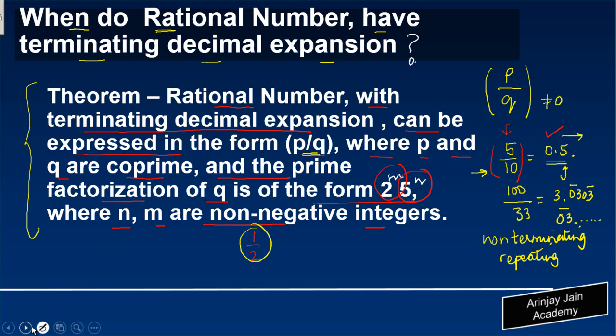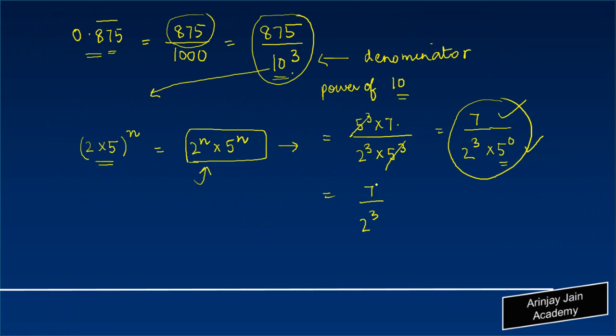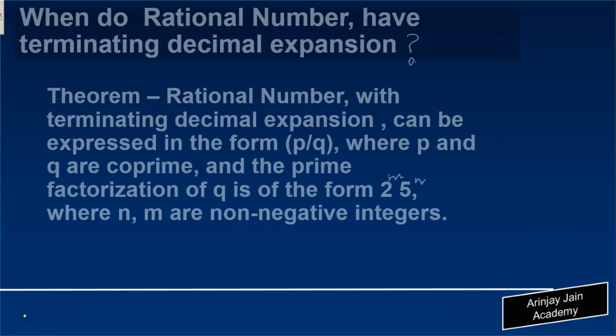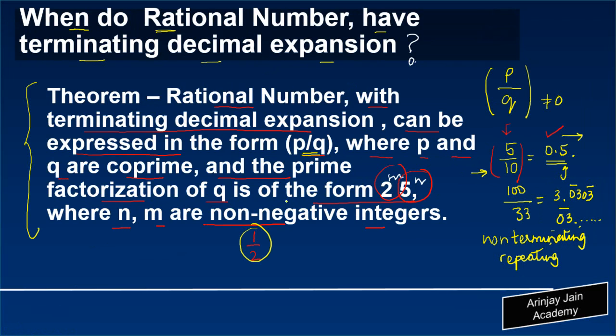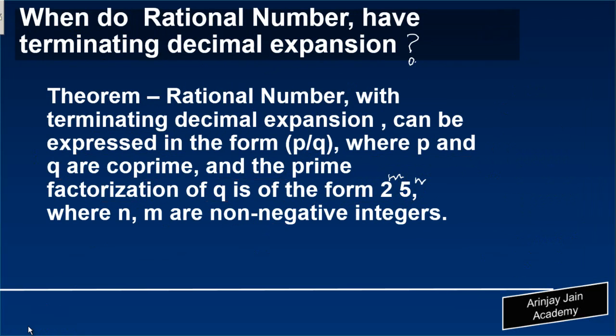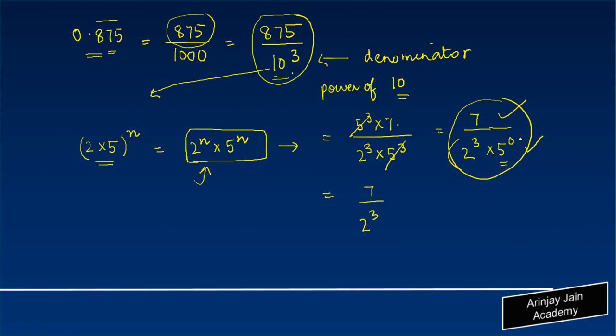Now if you notice, 7 and 2 to the power 3 are co-prime, right? And q is of the form 2 to the power m times 5 to the power n. Now q in this example is 2 to the power 3 into 5 to the power 0. So m over here is 3, because it is 2 to the power m and 5 to the power n, and n in this case is 0, right?